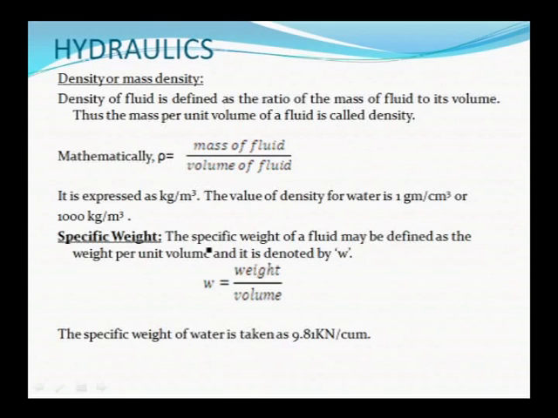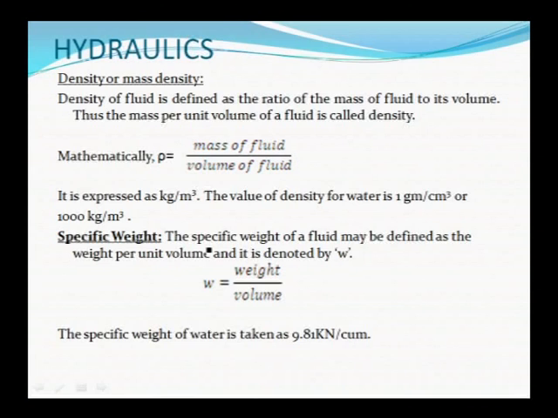Now, density or mass density. The density of a fluid is defined as the ratio of mass of fluid to its volume. Thus, the mass per unit volume of a fluid is called density.